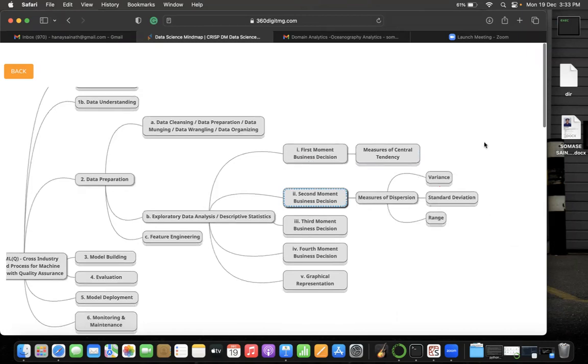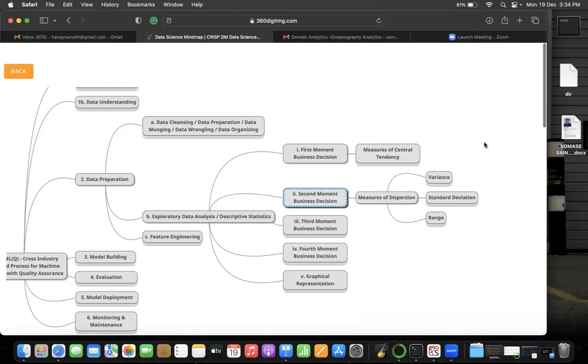Then we have the second moment business decision. The second moment decision is nothing but the measure of dispersion. The moment describes the spread of data points around the mean.